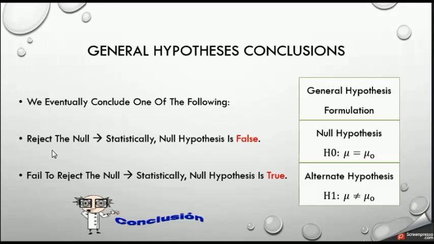We are going to reject the null hypothesis, which means statistically the null hypothesis is false. Sometimes we are going to fail to reject the null hypothesis, which means statistically the null hypothesis is true. So these are our conclusions, but in fact it is possible that we committed some type of error in our conclusions.